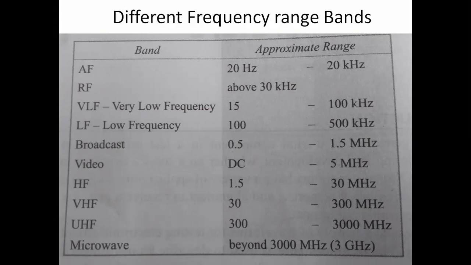Signal generators may produce sine wave, square wave, triangular wave, and pulse trains.